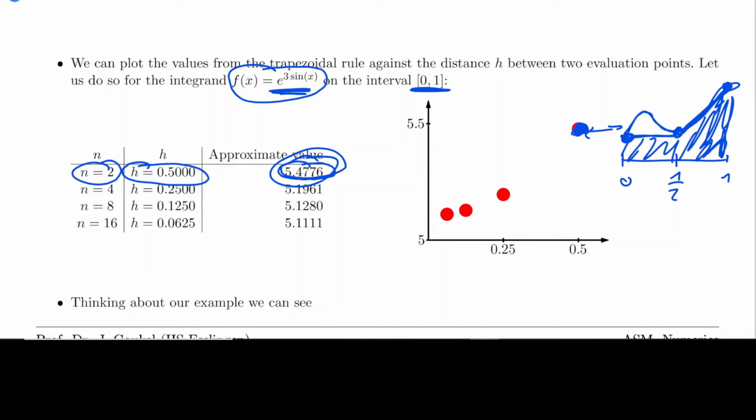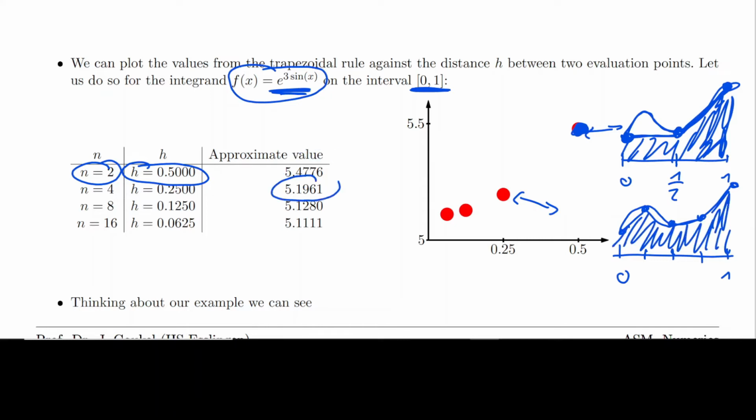Then here again is our interval 0, 1 and our function. If we use h to be a quarter, we evaluate the function at these points, integrate, and get that area, which is 5.1961. I hope you understand the principle.